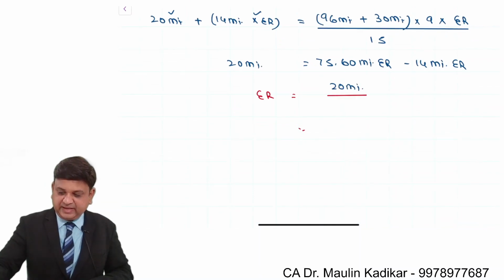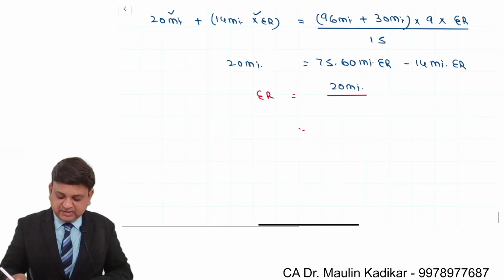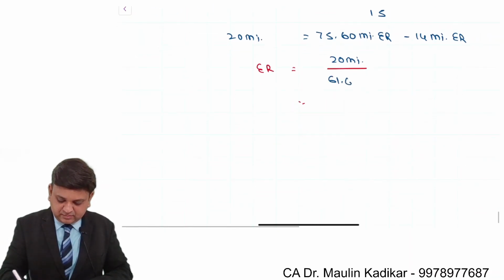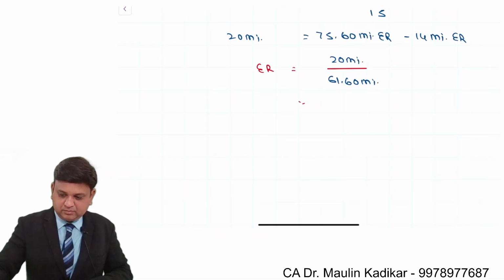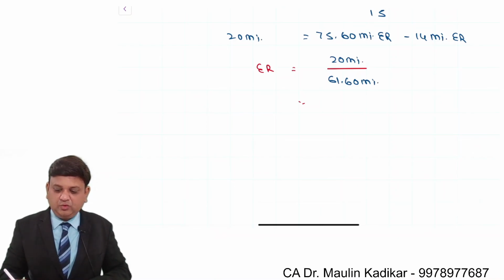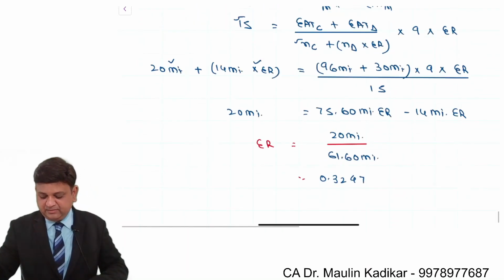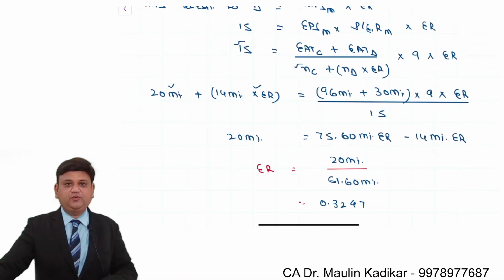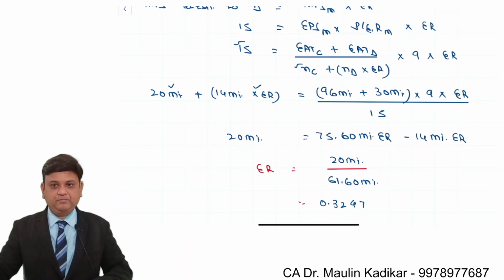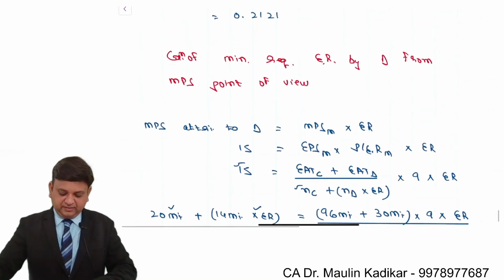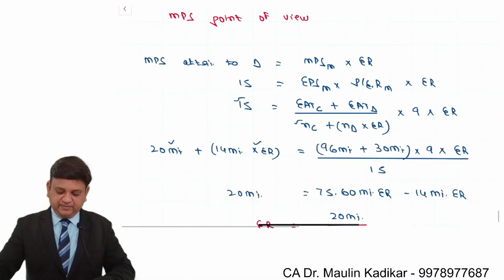So 20 million minus 61.6 million. That is 0.3247. Minimum required exchange ratio is 0.3247. Sorry for the calculation error. So this is the way the minimum required exchange ratio by D Ltd can be calculated.